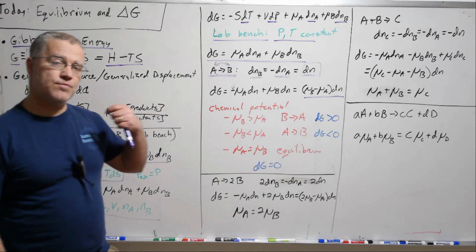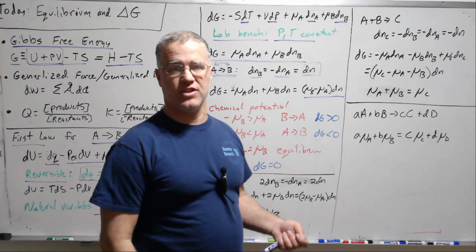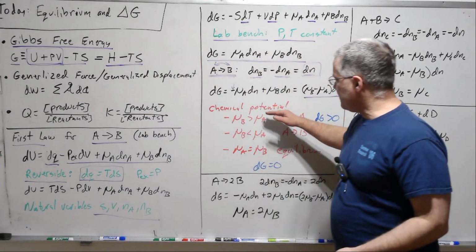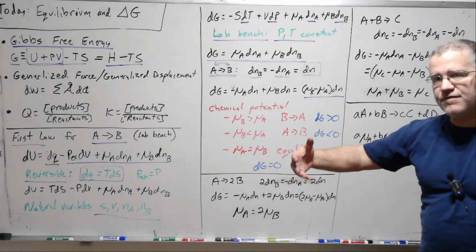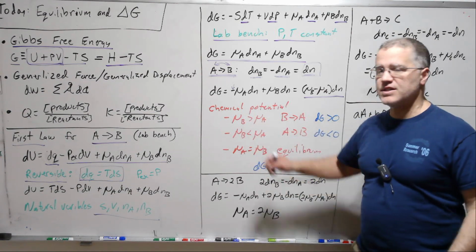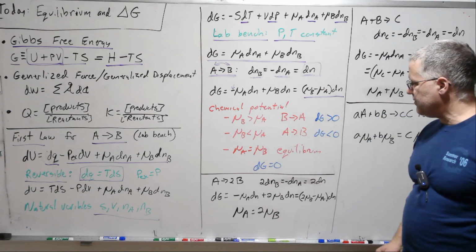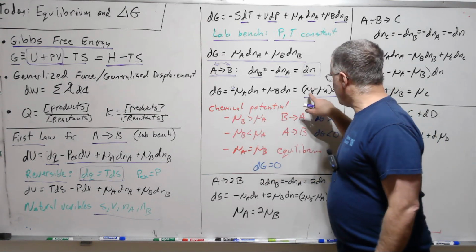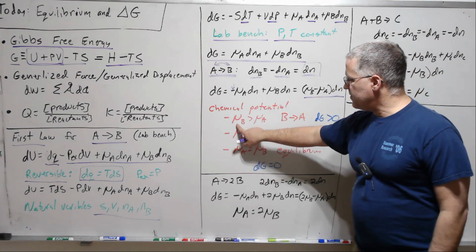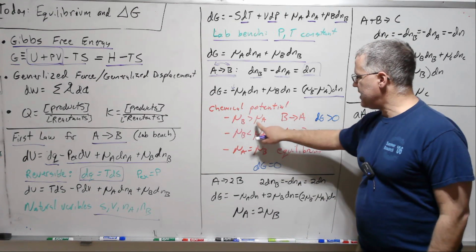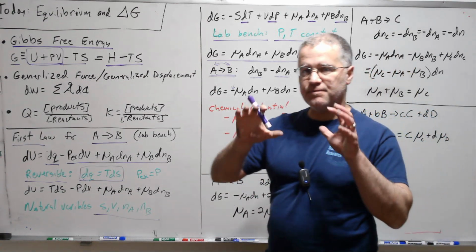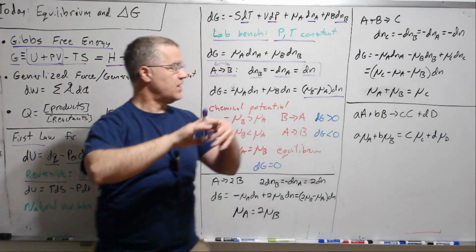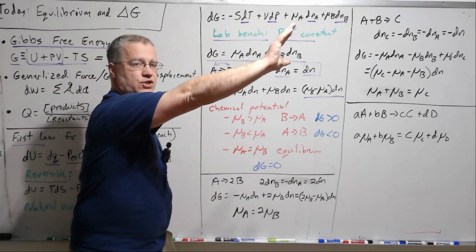So now we have to appeal to what chemical potential is. So chemical potential physically is the driving force, the generalized force to change the amount of material. And there's a competition here. There's a chemical potential of B, and a chemical potential of A. If B is greater than A, then it wins, and it pushes B out of solution.